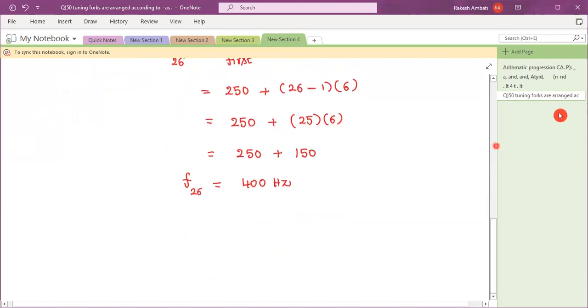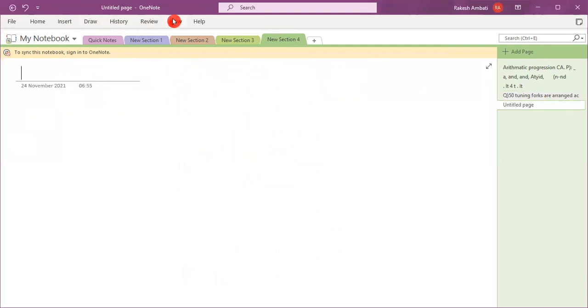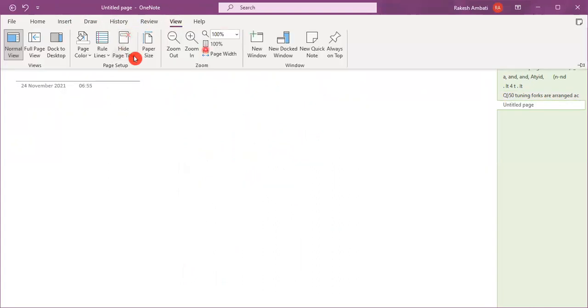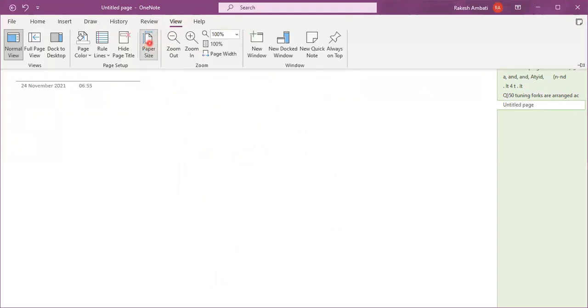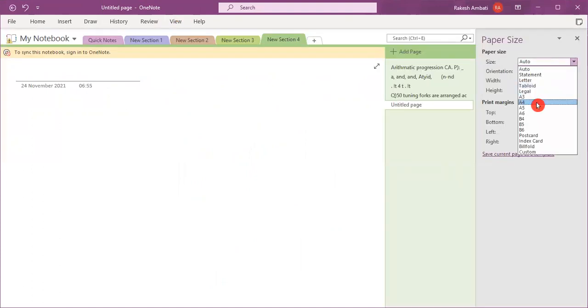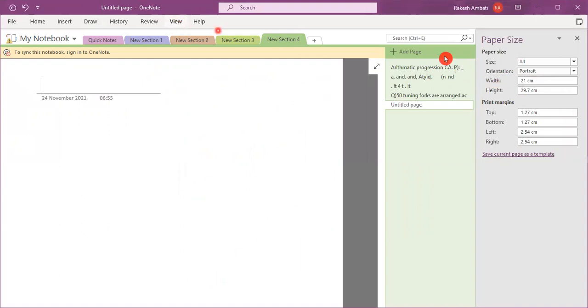In the same way, what is the second question? The second question is to find the frequency of the 50th tuning fork.